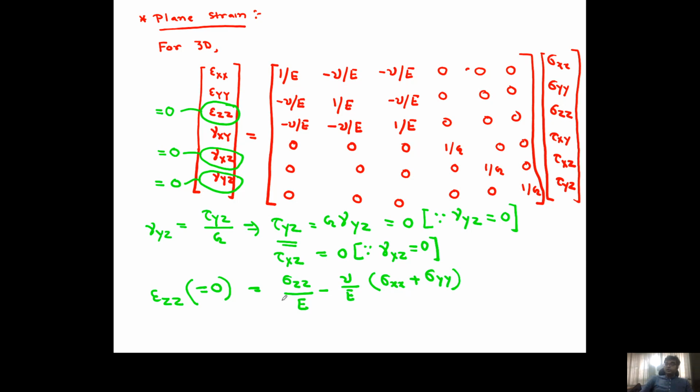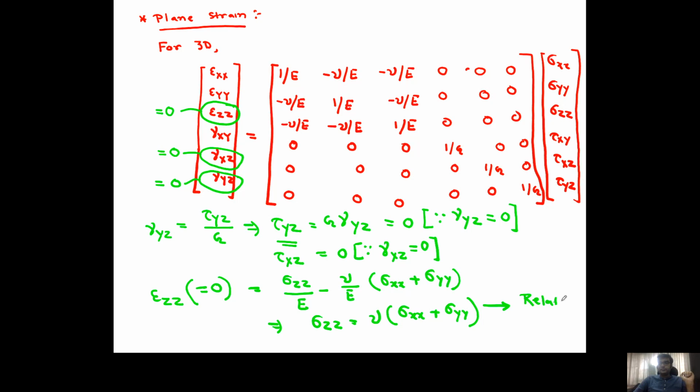And this whole term is equal to 0, which implies that sigma zz is equal to nu times sigma xx plus sigma yy. So this is your relation between sigma zz, sigma xx, and sigma yy.